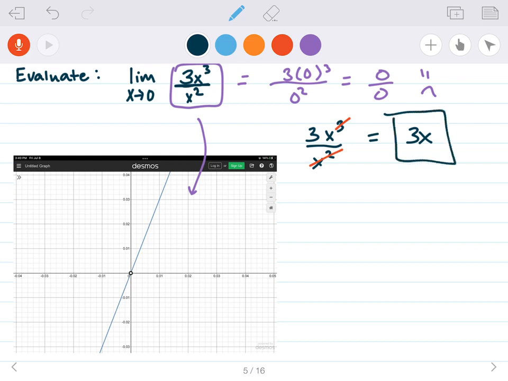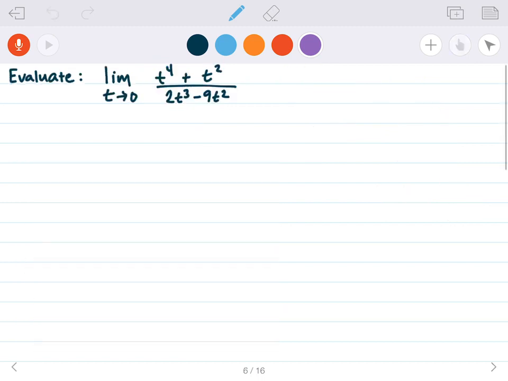The only difference is that in the former, 3x to the third over x squared, we have a hole at 0, whereas with 3x there is no hole. All we have to do at this point is plug in 0 for x, and we get that the limit is equal to 0. So our answer is 0, and we can also see this on the picture. If we're approaching x equals 0 from the left and the right side, we can see that y is converging on 0.